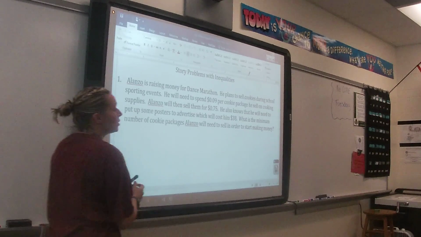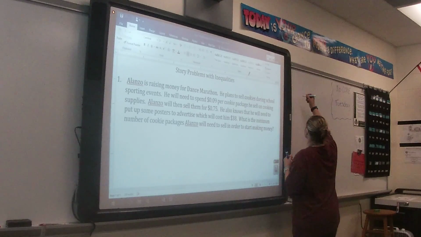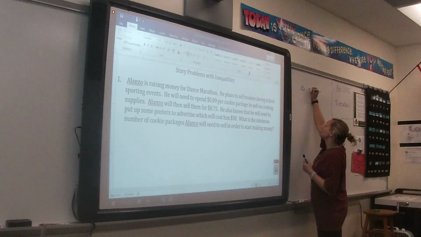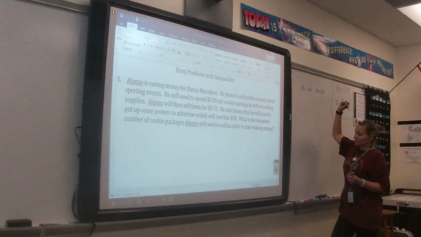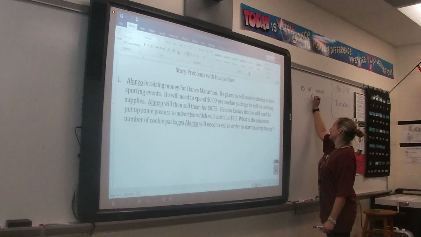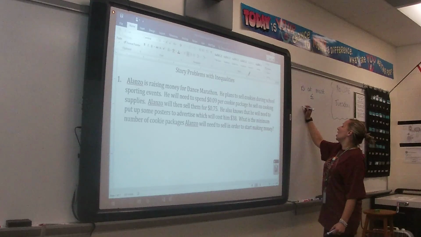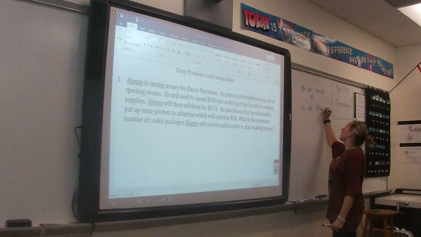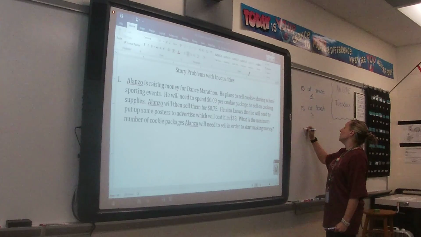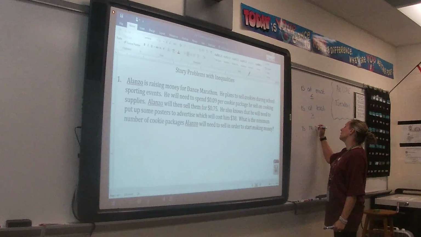So some of those key terms that we've learned are, "is at most." What does "is at most" tell us to do? What symbol? Oh, just kidding, less than or equal to. Right, so "is at least," what's that? Greater than or equal to. "Is no more than."